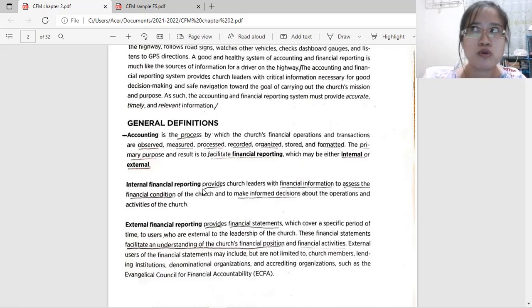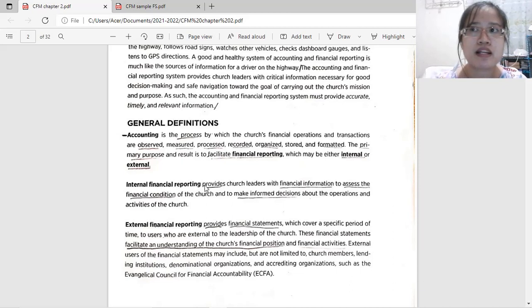There is no format to be followed. It would depend on the needs of the management of the church, depending on what situation they're trying to come up with a decision for. So the information that they would need would be different, given the specific situation.